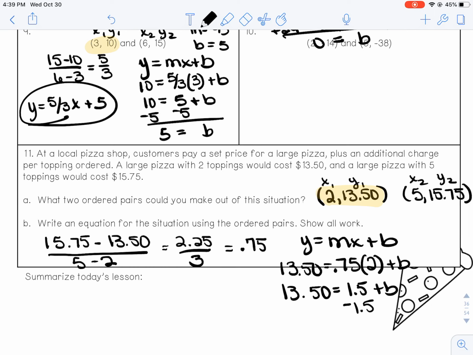Subtract that on each side because the opposite of a positive 1.5 is a negative 1.5. Subtract that, and b is equal to 12. Okay, so the toppings are 75 cents and the pizza is 12. So let's go ahead and write our equation for that. y equals 0.75x plus 12.